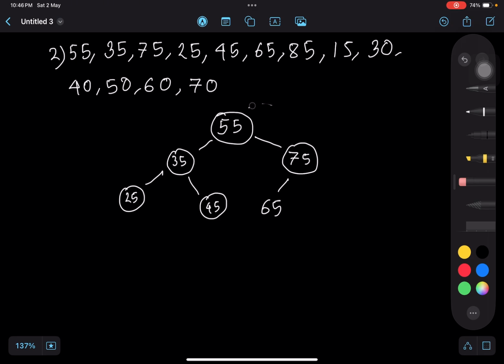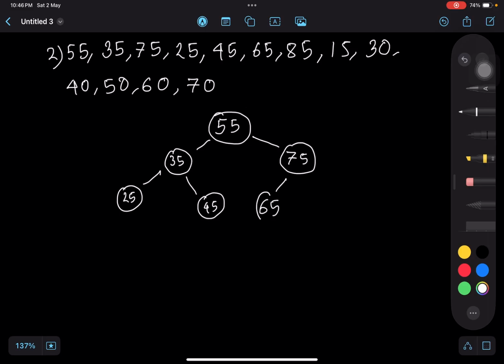The next number we have is 85, which is greater than 55 and greater than 75, so it goes to the right side.